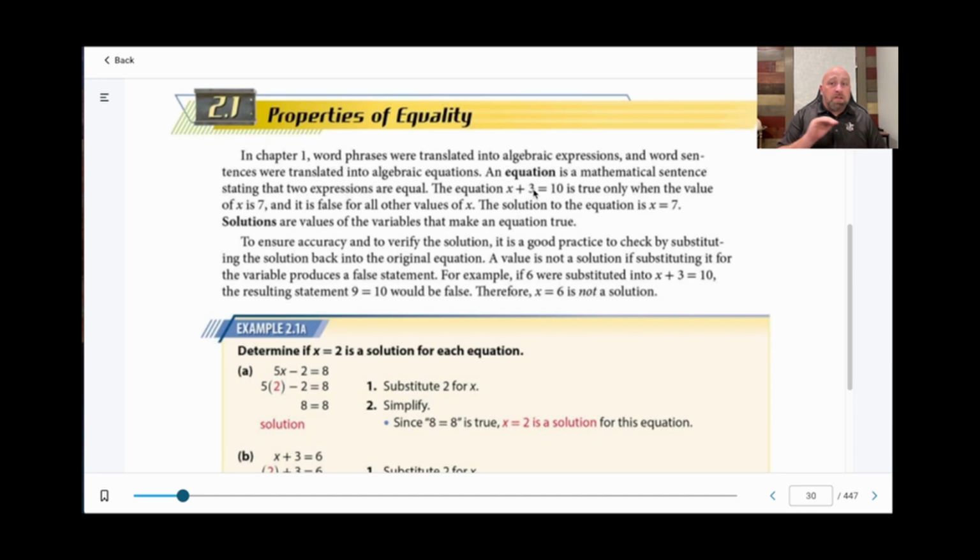If you put any other number other than 7, like 5, 5 plus 3 equals 10 is not true, so that is not equal. Equation and the word equal are the same thing here. And so you have to have an equals sign, and the left side has to be equal to the right side. The whole thing has to be equal.